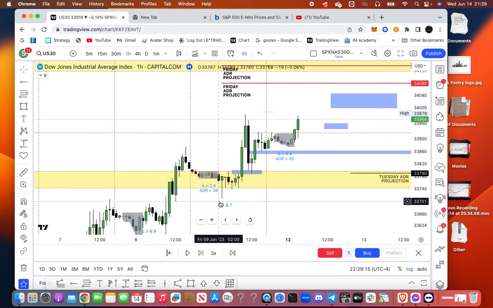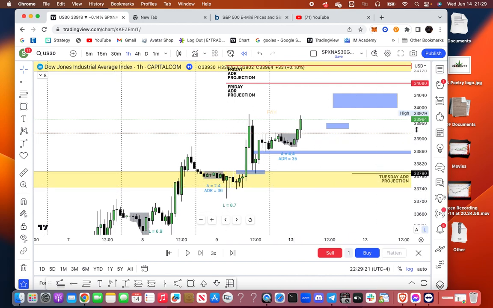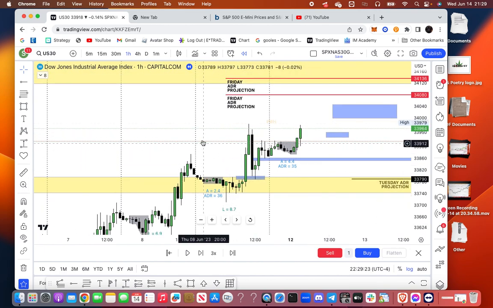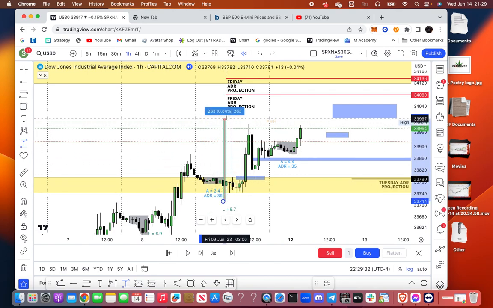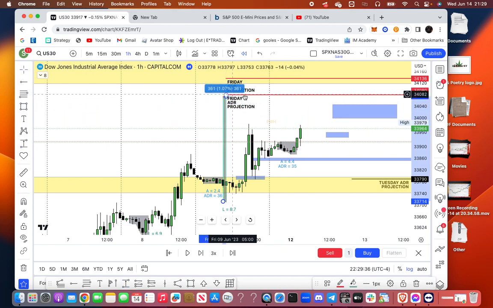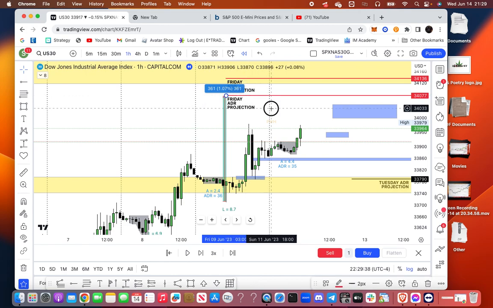Now you come out here, this 3 o'clock, and it made this new low. If that's the new low, you've got to adjust it. Let's say you woke up at this time. Now I'm going to go up 36 from here. Where's 36? It's right there, around about the same area still.